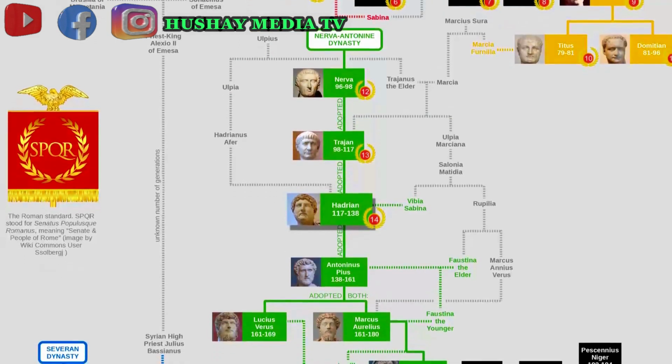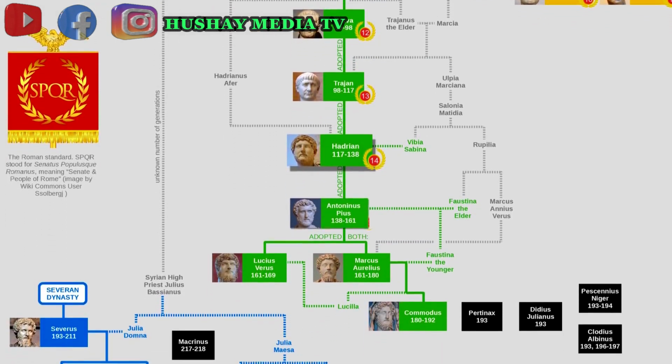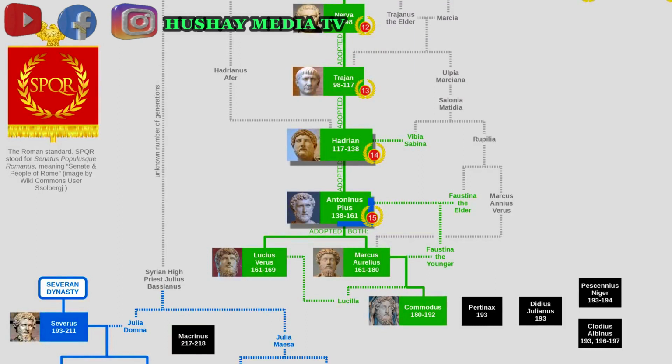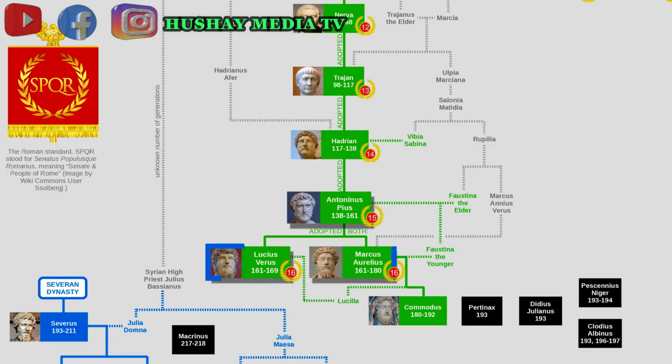Anyway, if we continue forward, we see that Hadrian adopted Antoninus Pius, who was his wife's sister's daughter's husband, and Antoninus Pius adopted 2 individuals who would become joint emperors after him, Lucius Verus and Marcus Aurelius.